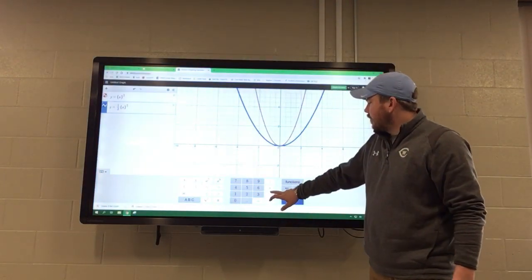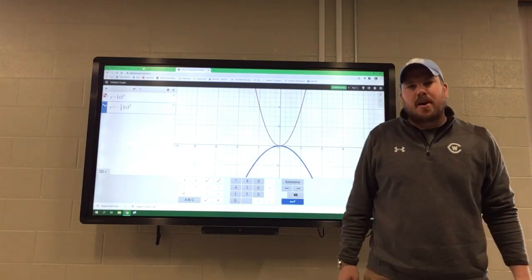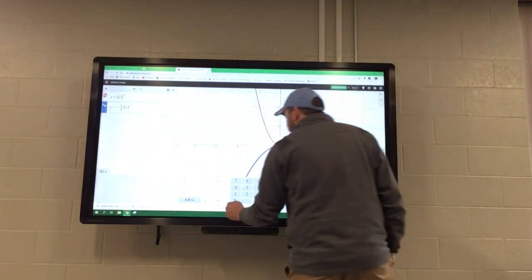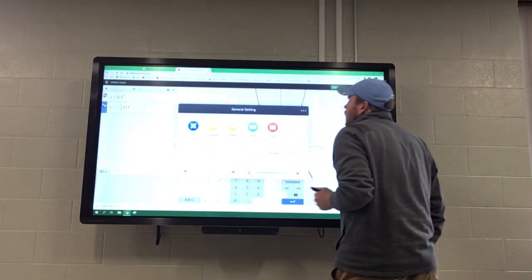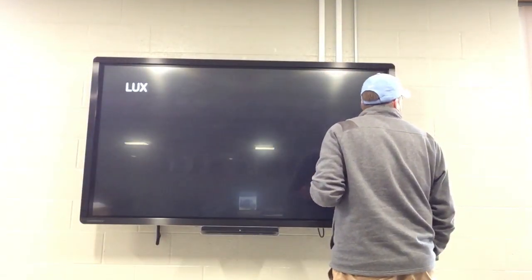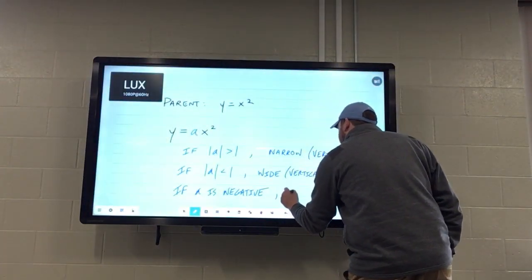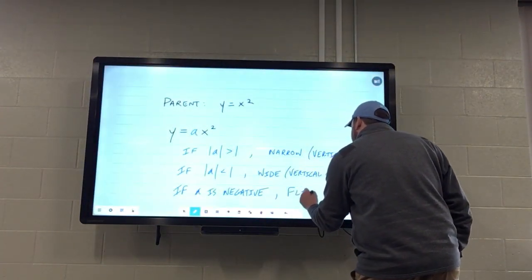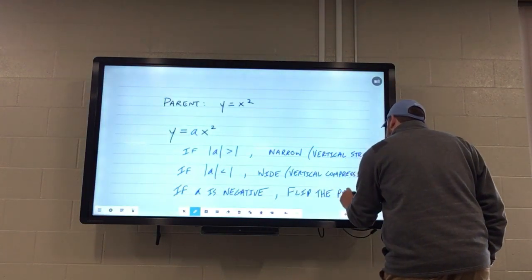Let's make it negative 1/3. Let's see what happens. What it does is it flips our graph, okay? Or reflects it. So here's what I want you to write. If a is a negative number, we'll just keep it simple for now. We'll say flip. Flip the parabola.